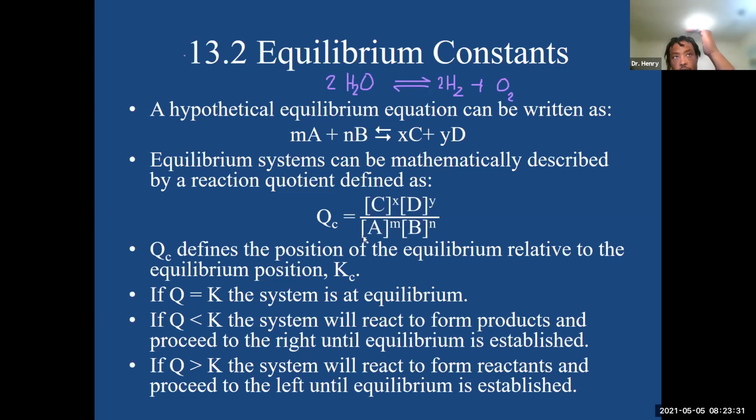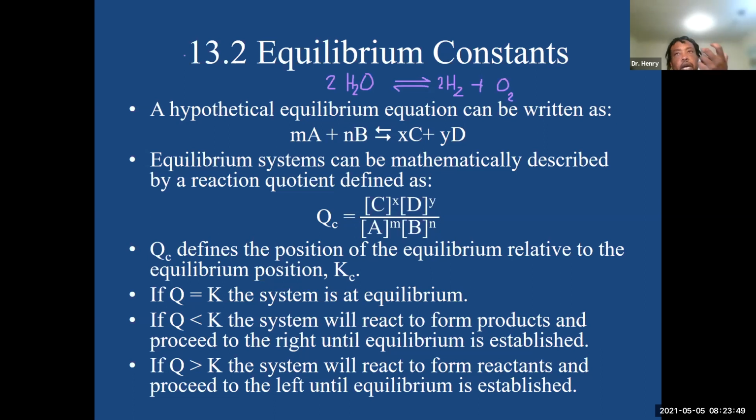So it's always going to be products over reactants, and you're going to use their coefficients as the exponent for the concentration. Okay, and that's going to equal our quotient for the reaction at that given point.